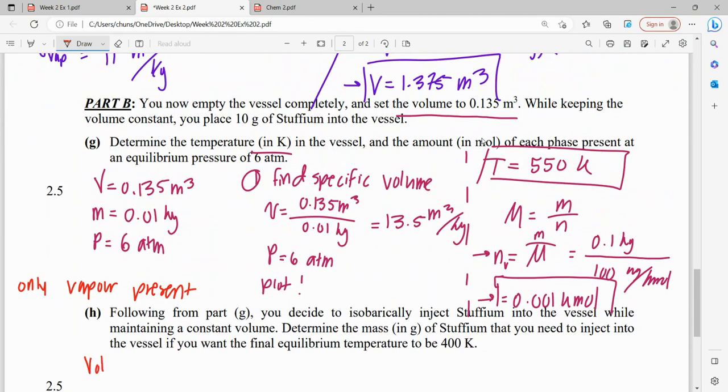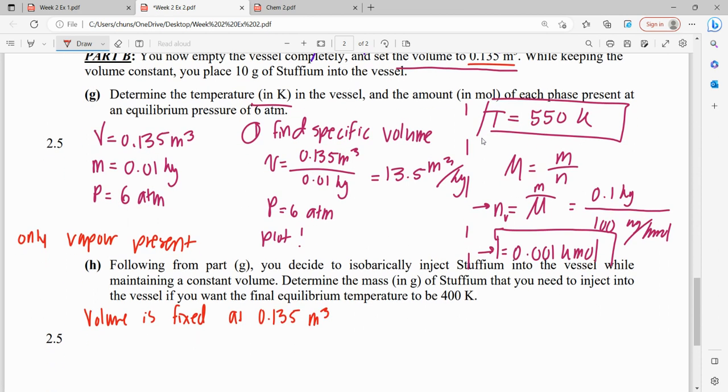Our volume is already set, so volume is fixed at, we're given that at the top of our question, 0.135 meters cubed. And we are keeping our pressure the same, so isobaric process, which means that P is equal to 6 atm still from our previous question.